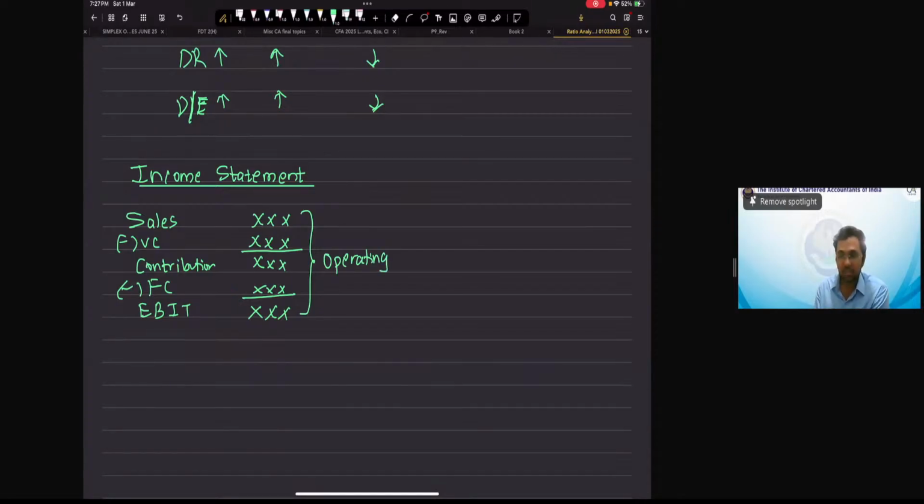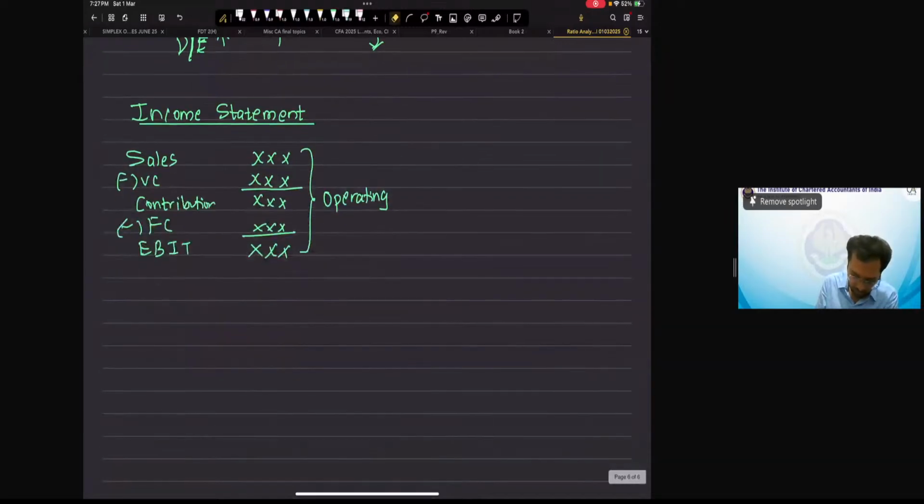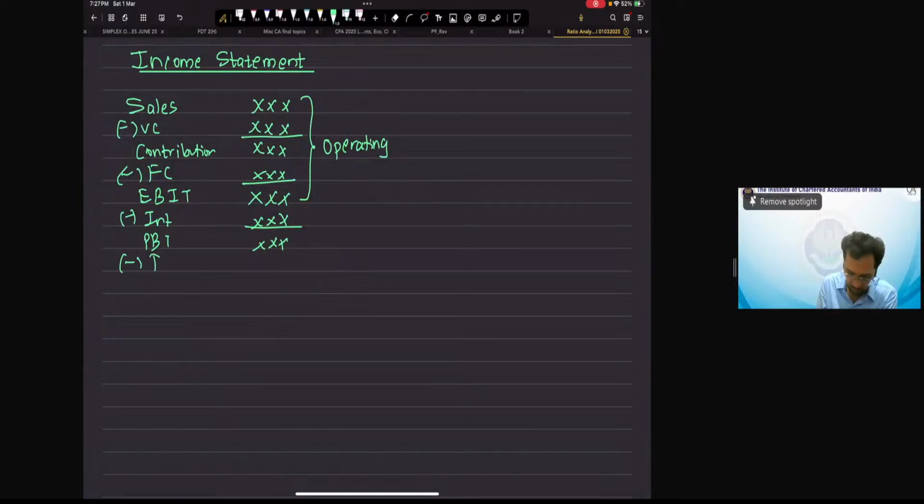We have just deducted the operating part. From this EBIT, we subtract interest and then we arrive at profit before tax. From profit before tax, you subtract the tax to arrive at profit after tax.